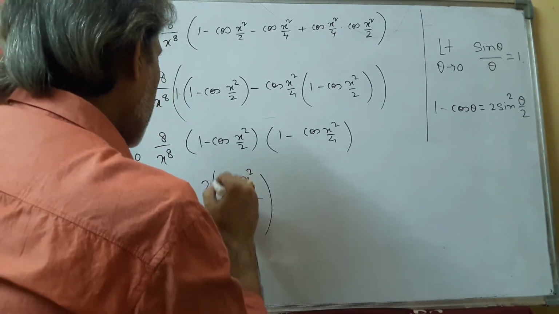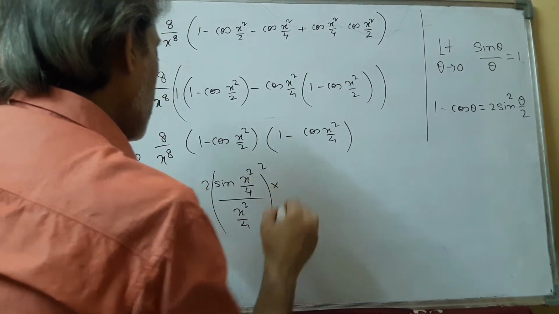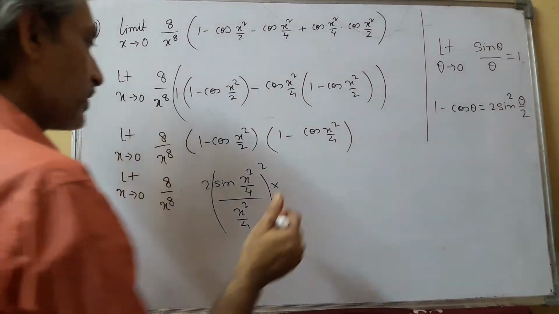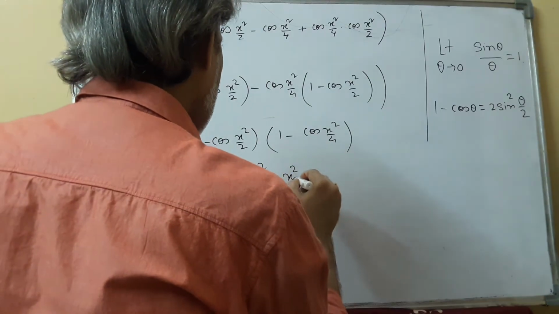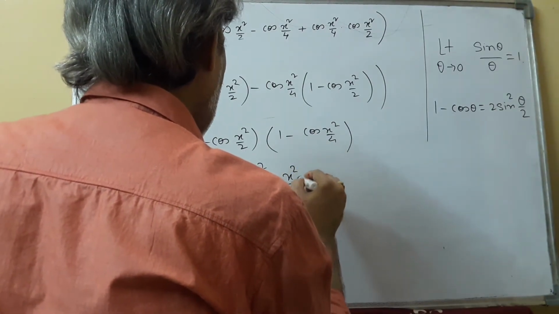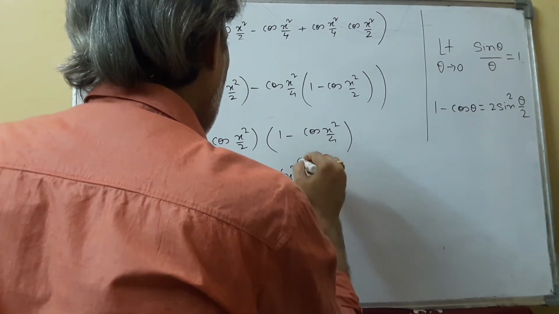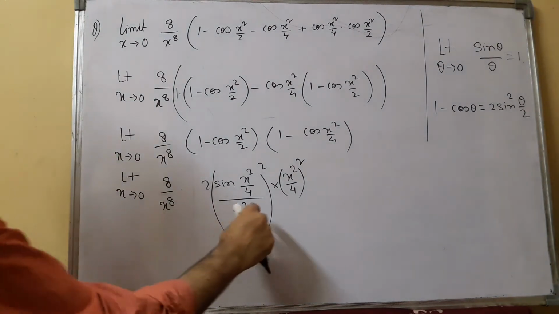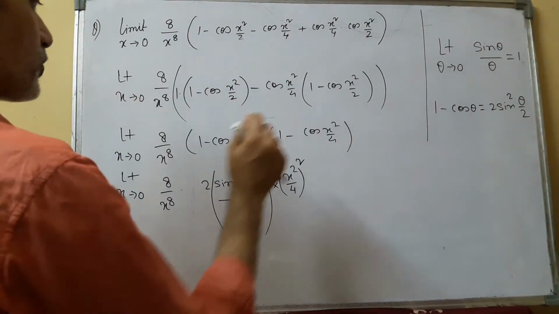Since I have divided this whole thing by this square, so I am multiplying this.